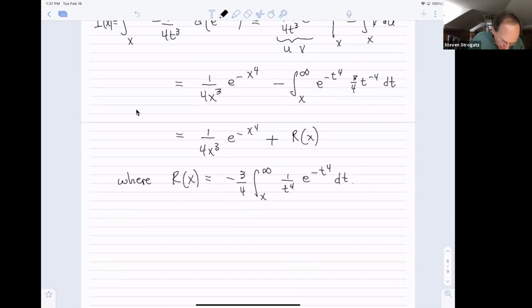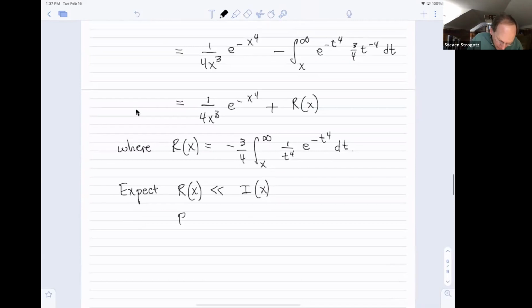And actually, we have good reason to expect that this remainder term is much less than I of x. And also that r of x is much less than this term we just generated.